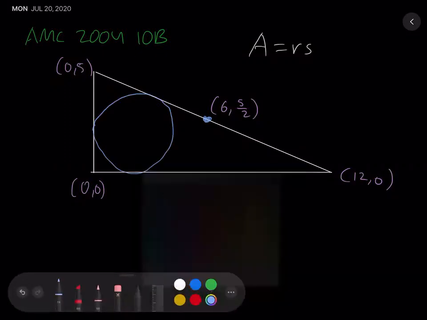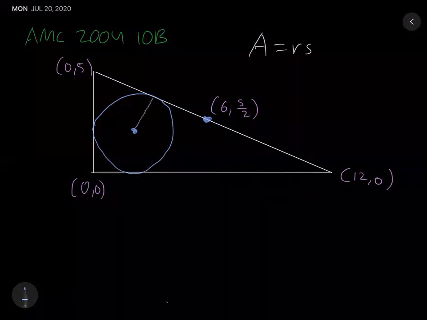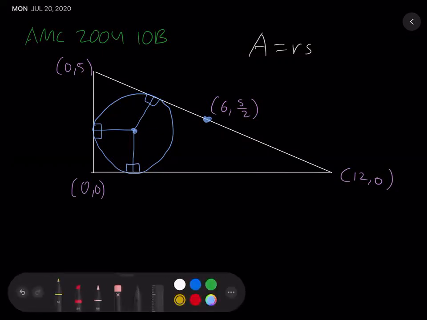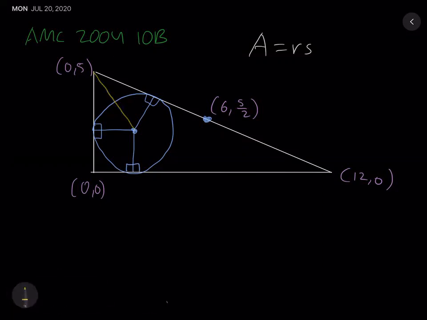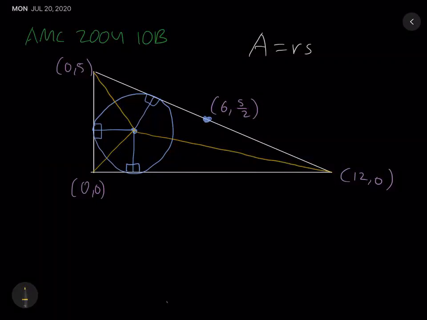So why is this formula true? When you draw the incircle, if you draw the tangent points, like where the circle touches the triangle, these are right angles. And let's draw some other lines over here. That will make this a little bit more clear. What do you see here?